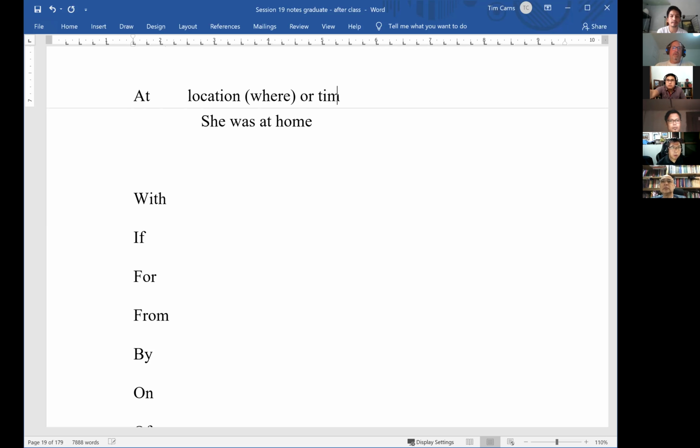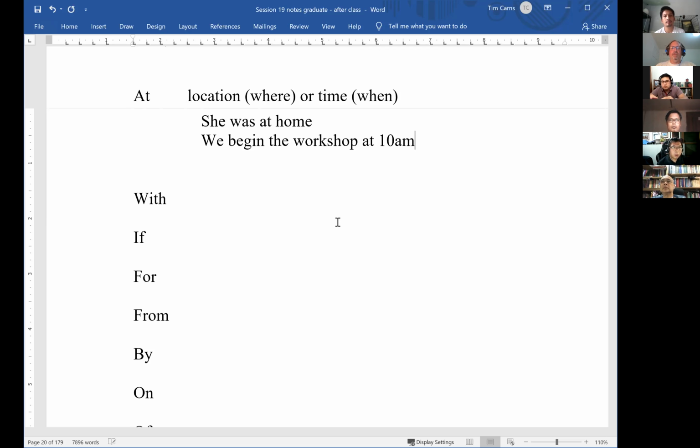Answering the question when. So for example, we begin the workshop at 10 a.m. So here it connects the word "at" to when we begin, answering the question when.